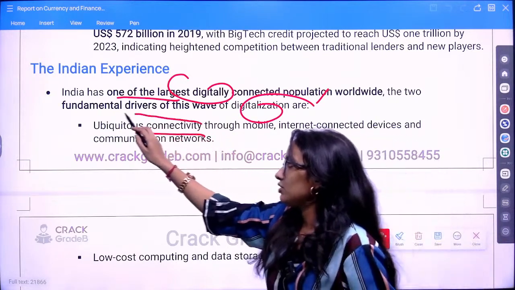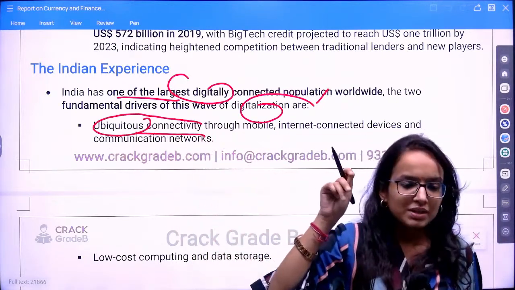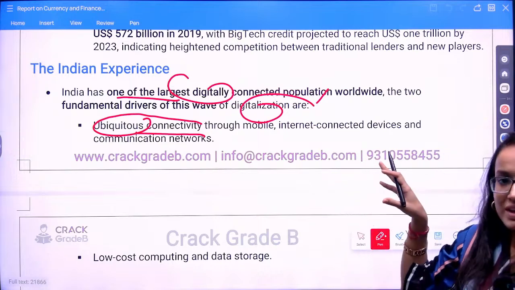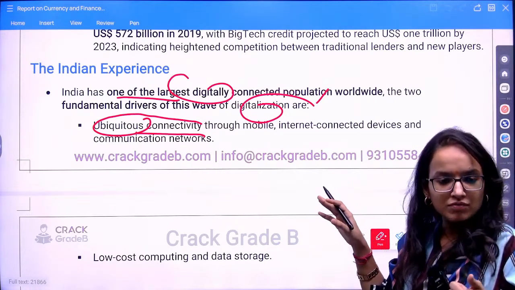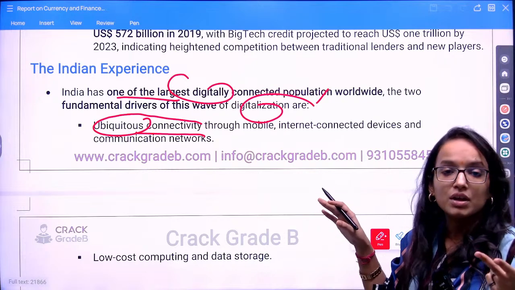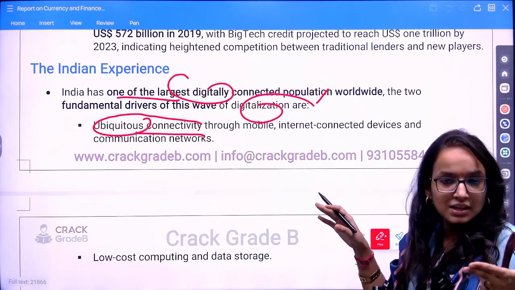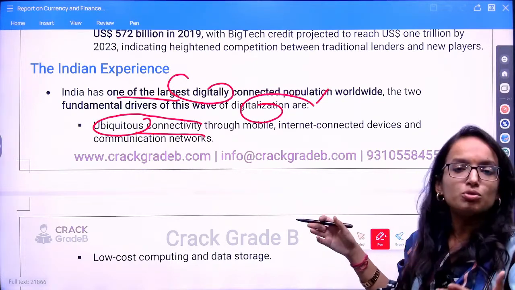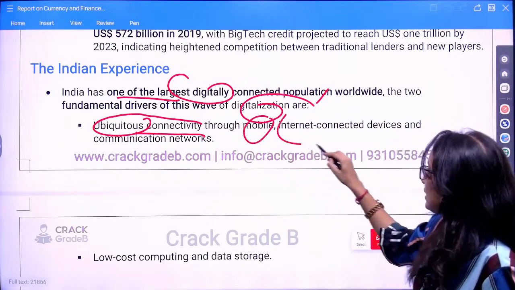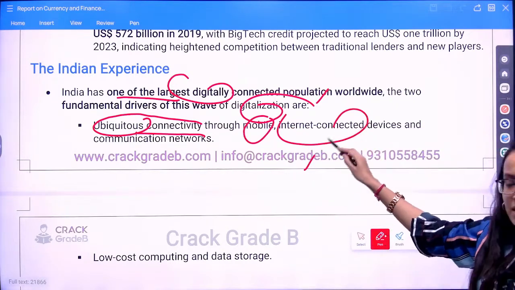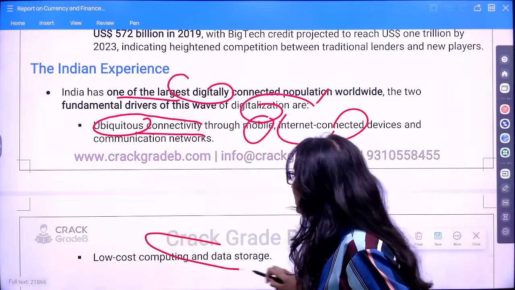Ubiquitous connectivity. Ubiquitous means something which is present everywhere, right? So we have connectivity everywhere now. We have good mobile penetration, we have smartphone users, we have an internet user base expanding, so it is easier to connect worldwide. Ubiquitous connectivity through mobile, internet connected devices and communication networks, then low cost computing and data storage.